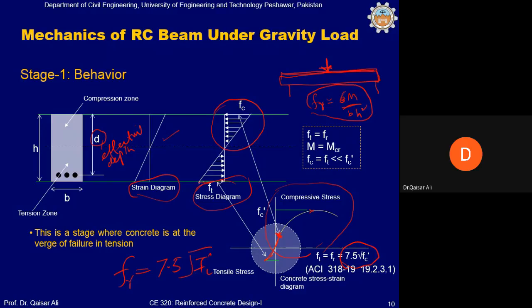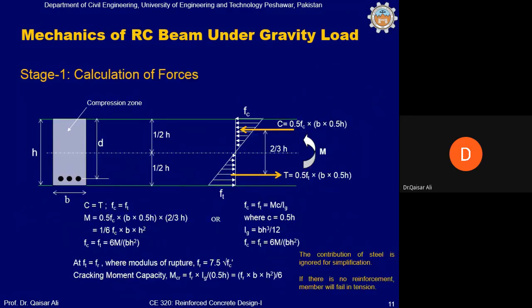So if we are able to calculate this f_t, then as soon as f_t exceeds 7.5 times the square root of f_c prime, a crack will appear here, because f_r is the modulus of rupture, or the flexure tensile strength of concrete. Now we move ahead to see what else happens.